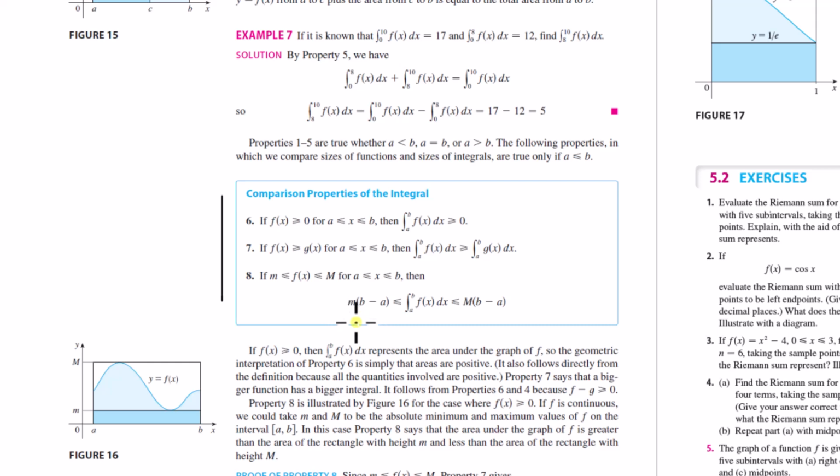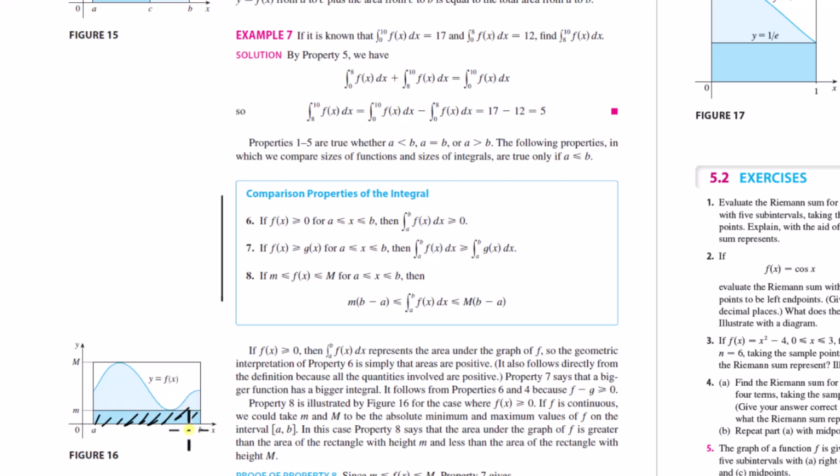Then lowercase m times the interval width is less than or equal to the actual integral from a to b, which is less than or equal to the uppercase M times the interval width. So what they're saying here is that we know this integral here, which is this entire area, based on these constraints, is going to be greater than or equal to this area.